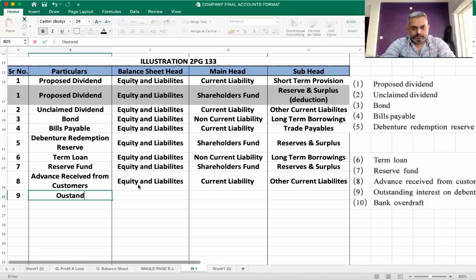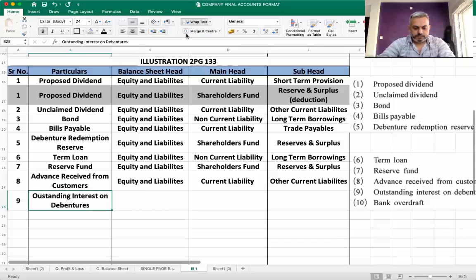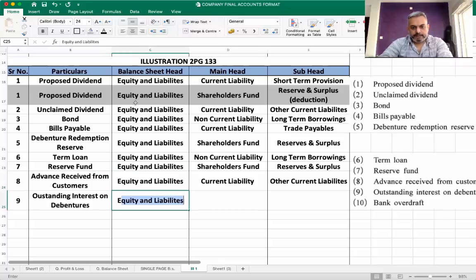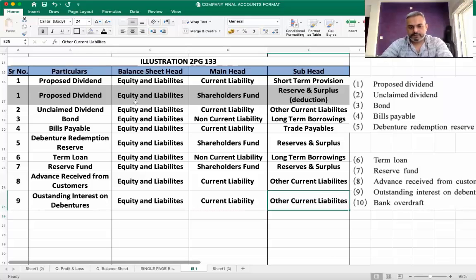Outstanding interest on debentures. Again, similar, equity and liabilities, current liabilities, other current liabilities.